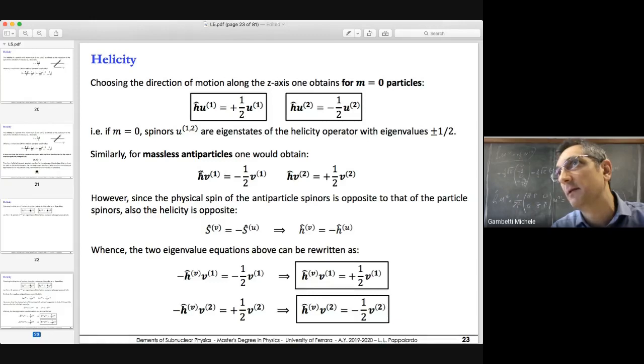We have to substitute minus h instead of h for the antiparticle. And when you do so, now we have a minus sign here, a minus sign there, so you obtain the correct eigenvalue equations. So now for v1, we have the plus 1/2 eigenvalue, and for v2, we have the minus 1/2 eigenvalue. The structure of these two equations for the antiparticle is just the same as the two corresponding particle solutions once we take into account that the helicity must be opposite.